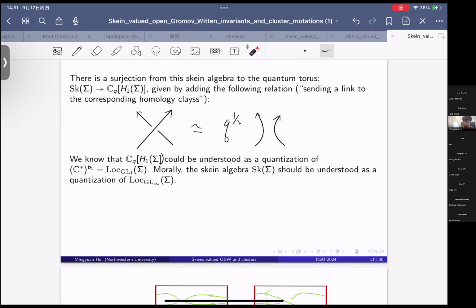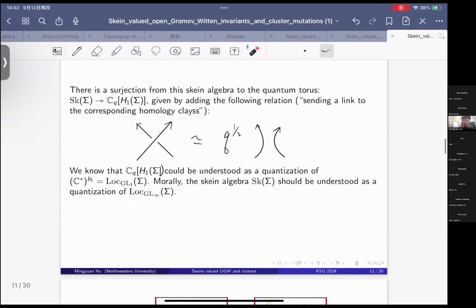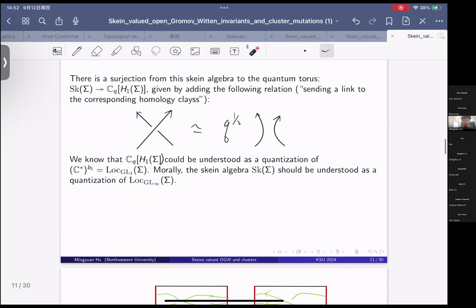What about the skein algebra in general? That's an interesting question, and that's something we don't know. We want to explore it, but I don't have an answer yet. Our original motivation to define this skein cluster mutation was to compute open Gromov-Witten invariants. But in fact it should have some relation with the cluster charts, which is something we are still working on and don't have a good answer for.